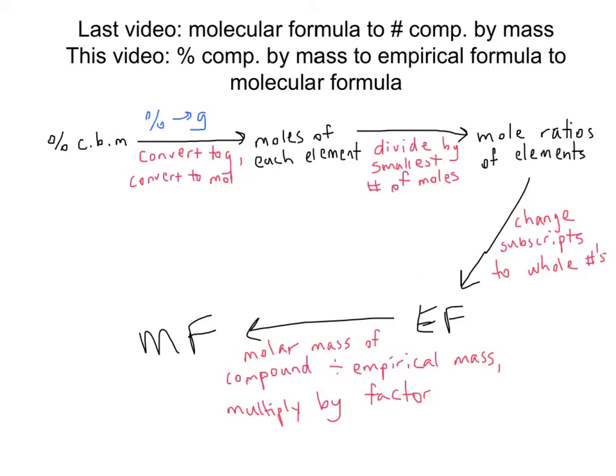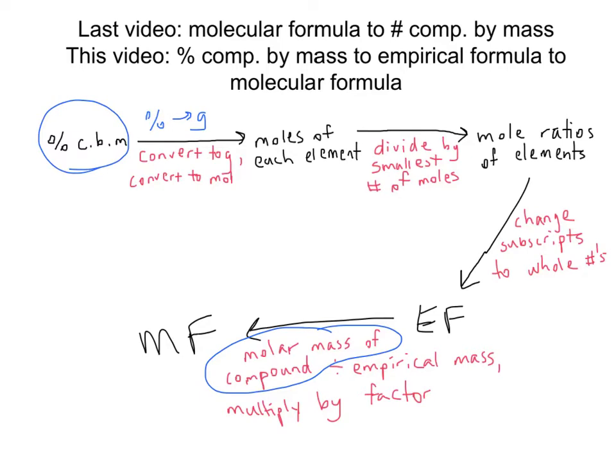And then to go from the empirical formula to the molecular formula, that's going to involve one more step. You need to take the molar mass of the compound and divide by the empirical mass. Now I need to give you the molar mass of the compound. That's a piece of information I give you. And the percent composition by mass is a piece of information that I give you.